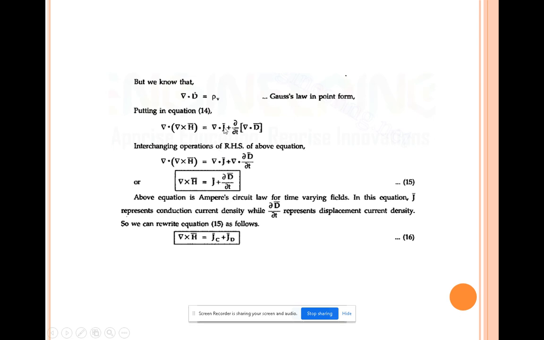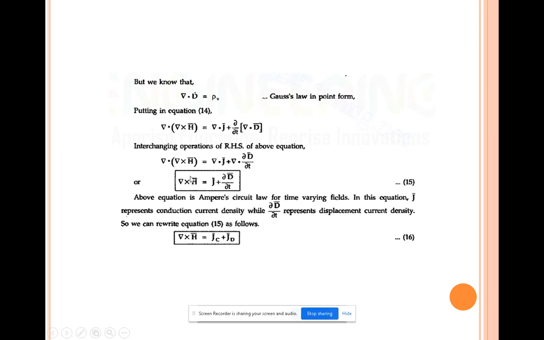You will have in the bracket J vector plus dou D vector by dou t. Okay, only this will remain. So the del dot on the left side and the right side will remain. So finally you will have del cross H vector equal to J vector plus dou D vector by dou t.